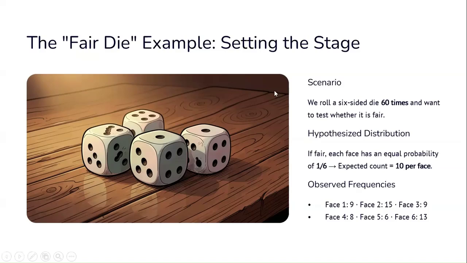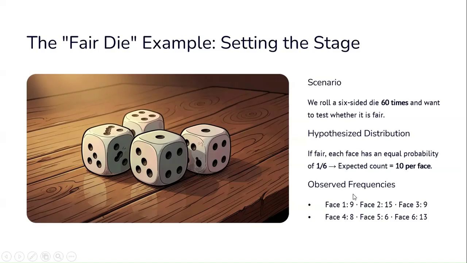To understand the procedure clearly, let us consider a fair die example. Suppose we roll a die 60 times and want to test whether the die is fair. If the die is truly fair, each side should occur with equal probability, that is 1/6.